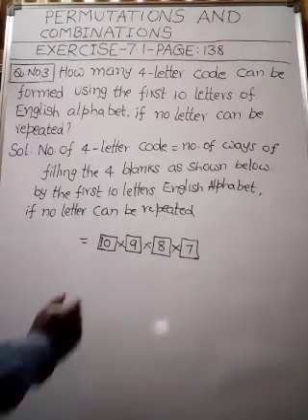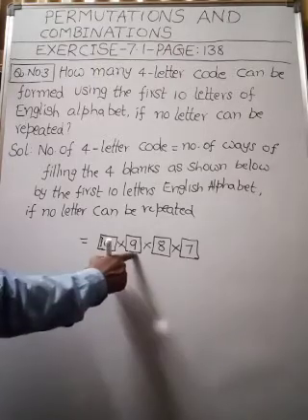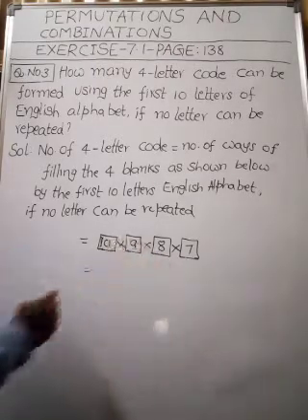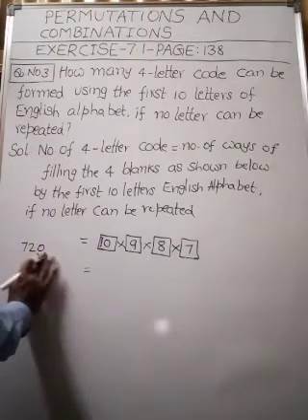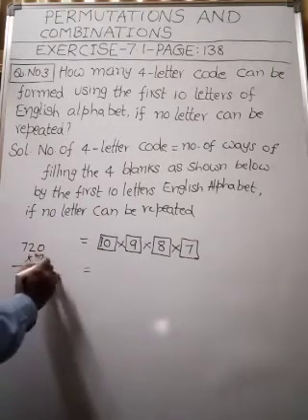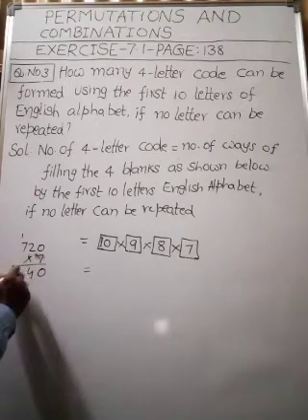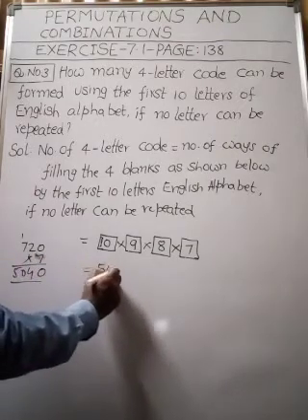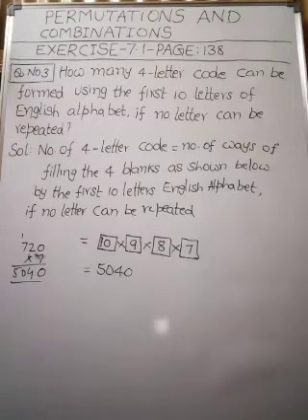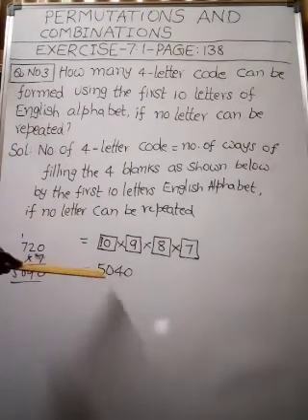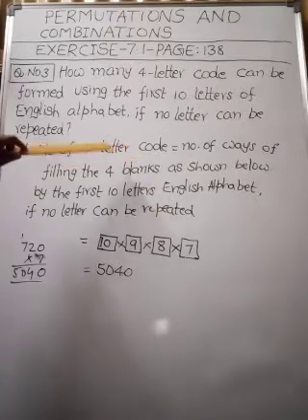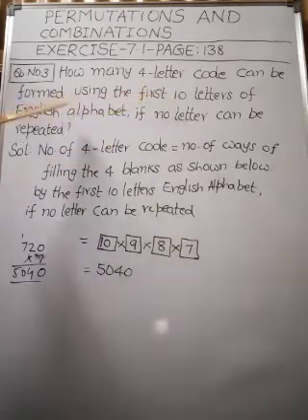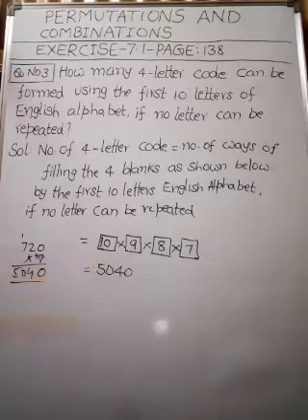Okay, my children. Multiply 10 into 9 into 8, 720. 720 into 7. So we can write 5040 4-letter codes by using the first 10 letters of the English alphabet. Understood this question, my children? Right.